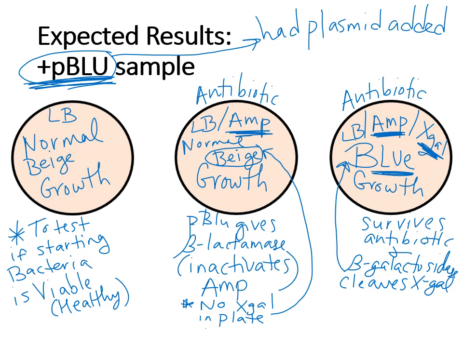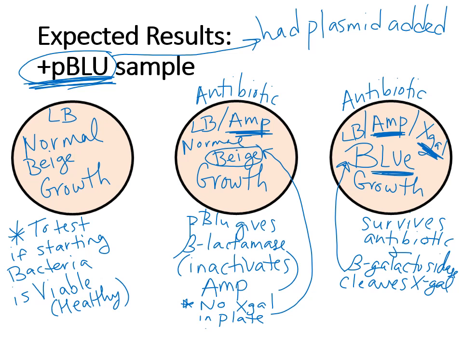XGAL must be present. That's the only time you'll see blue colonies. So in troubleshooting, you might say, well, they might have mislabeled these plates, swapped plates, because that plate clearly has XGAL. The bacteria has pBlue, the plate has XGAL. I don't care what you wrote on it, you're wrong in whatever you wrote, okay?